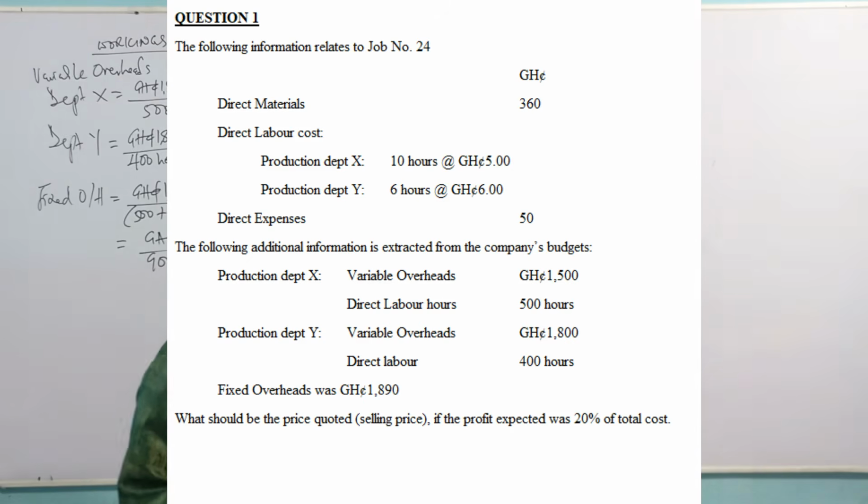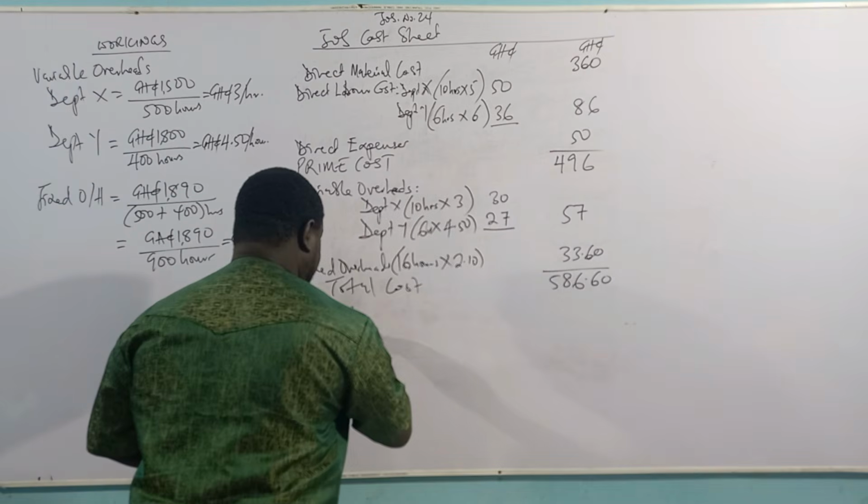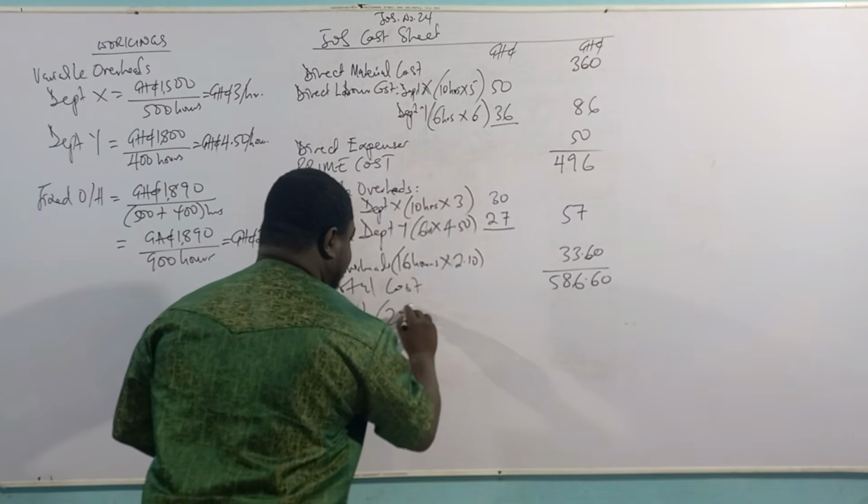We are given in the question that the profit expected is 20% of total cost, and therefore it is a markup. Once it's a markup, we can apply it directly on this. So profit is given as 20% markup.